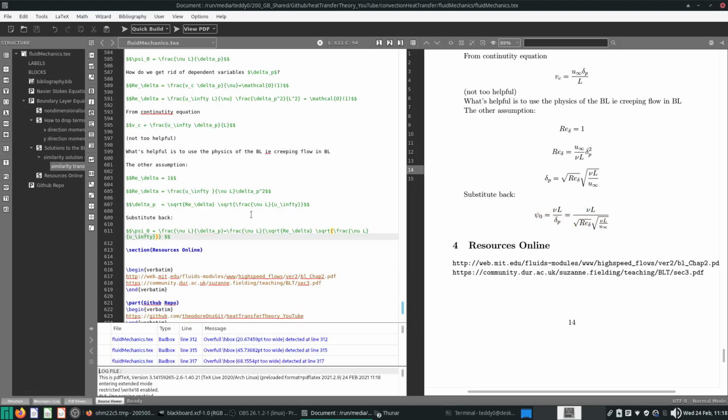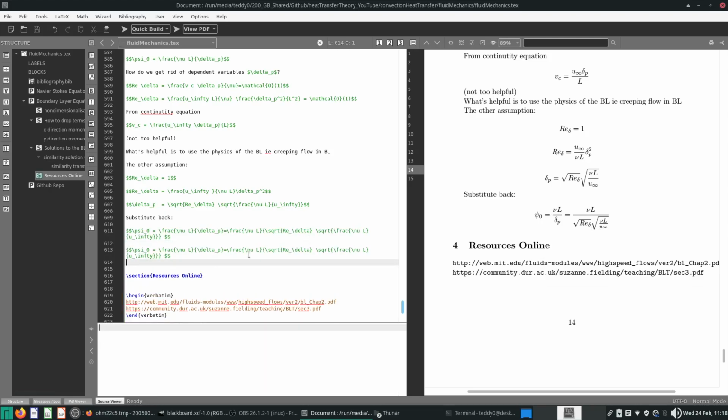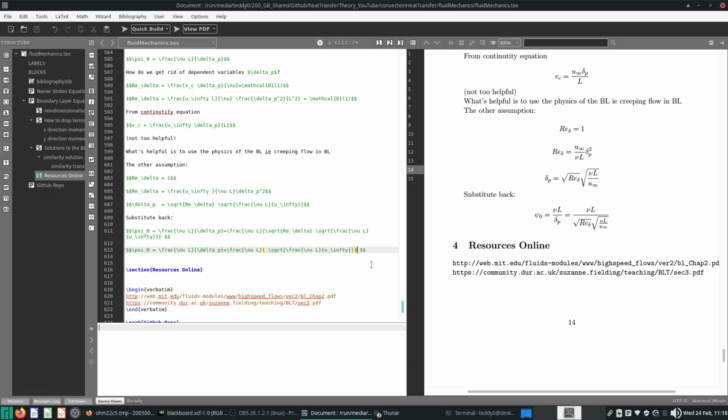Okay, so what's next? We can bring this 1 over Re delta out. It's 1 over the Reynolds number delta, so 1 over the square root of the Reynolds number.